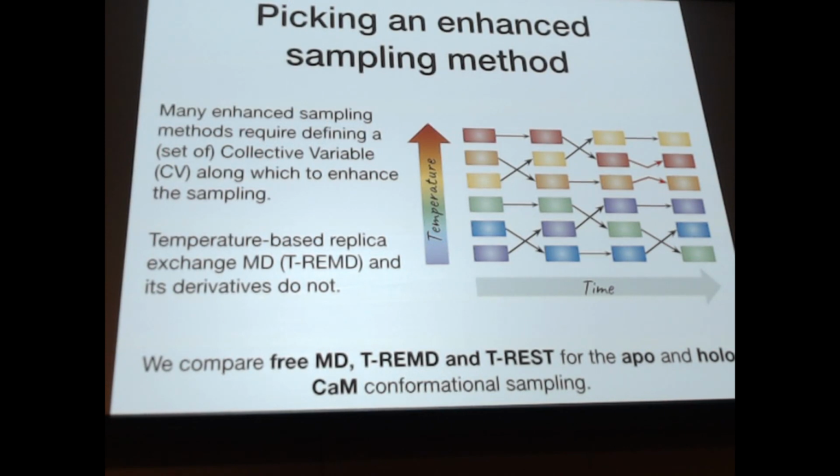So basically you're taking advantage of the temperature fluctuations to collect statistics at the low temperature. And this enables us to overcome free energy barriers.